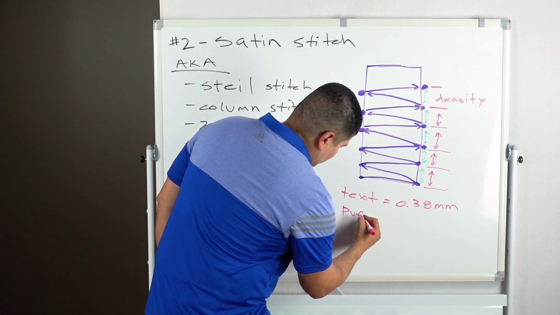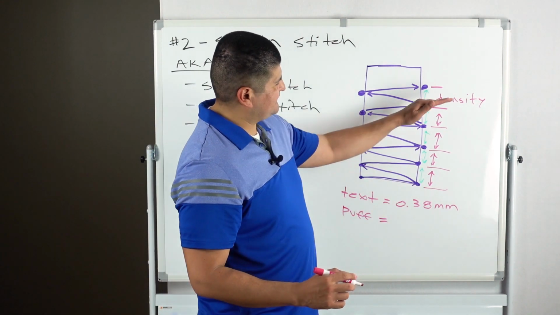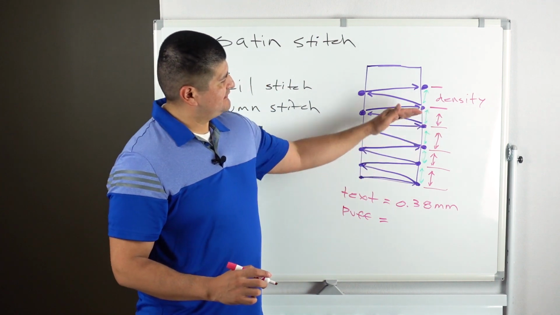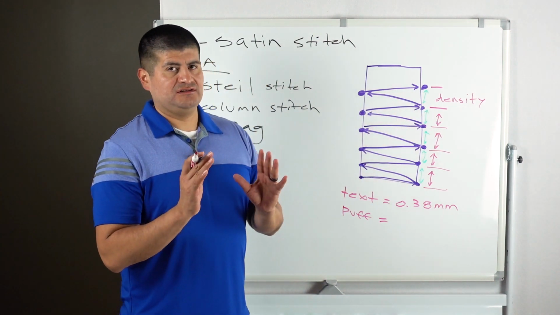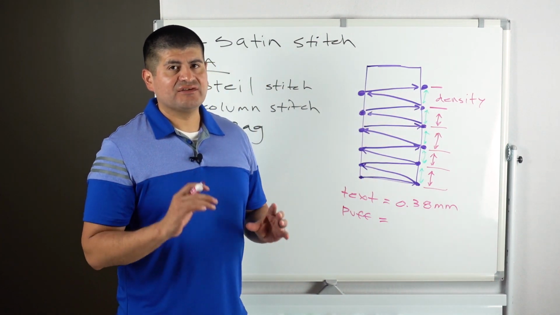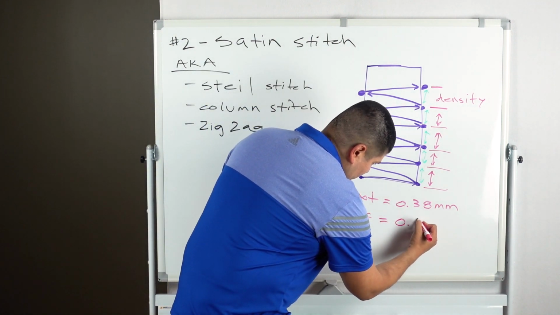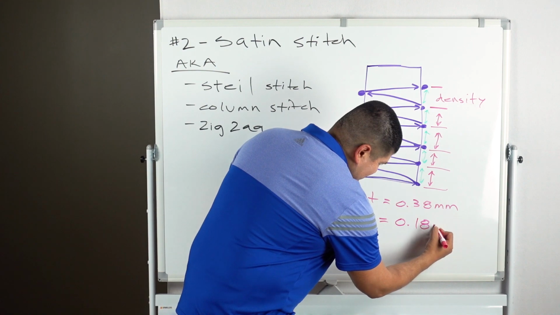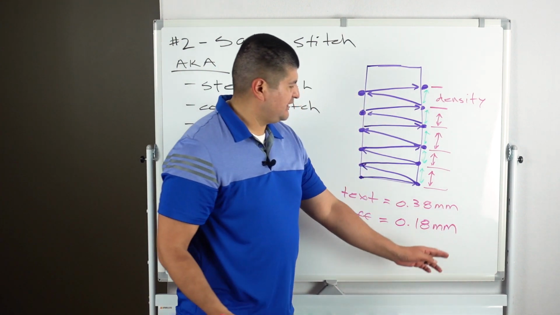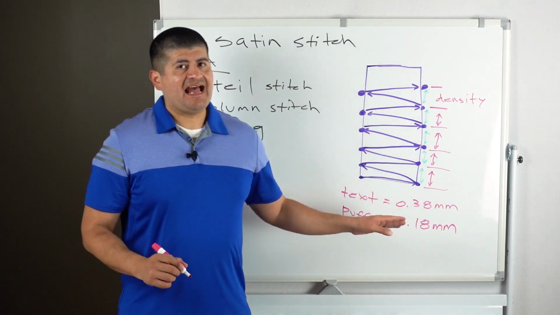If you're doing 3D puff, now you're dropping that density. You want this distance to be smaller, just in order to cover that foam. Now you're looking at 0.18 millimeters, so that's almost half that distance.